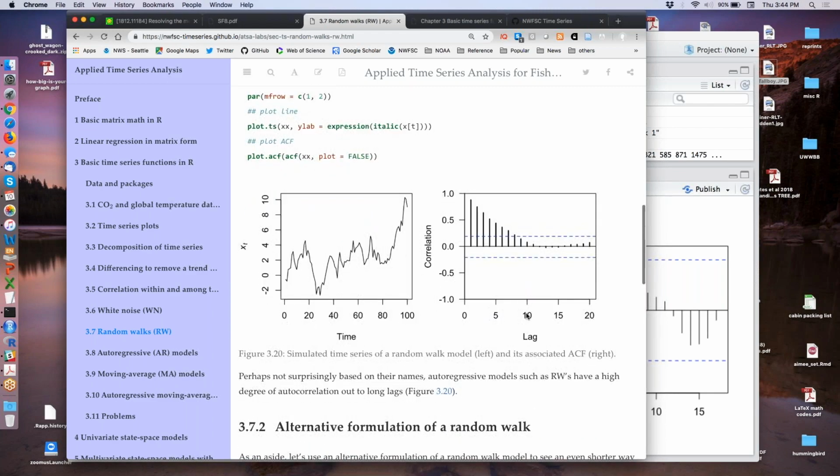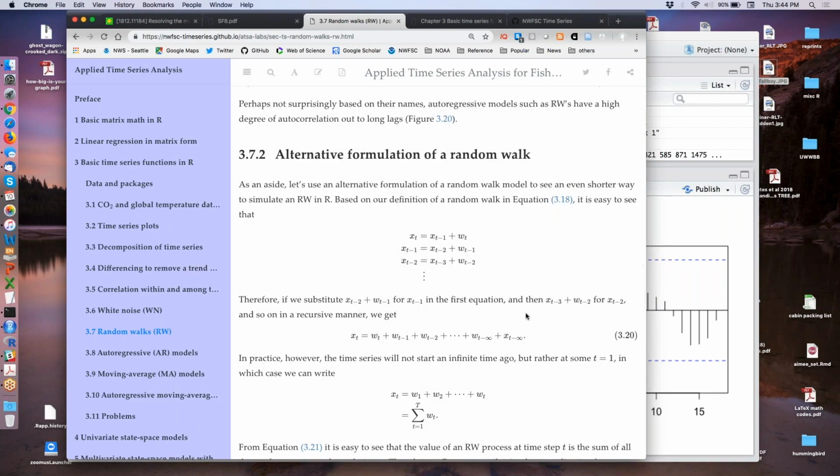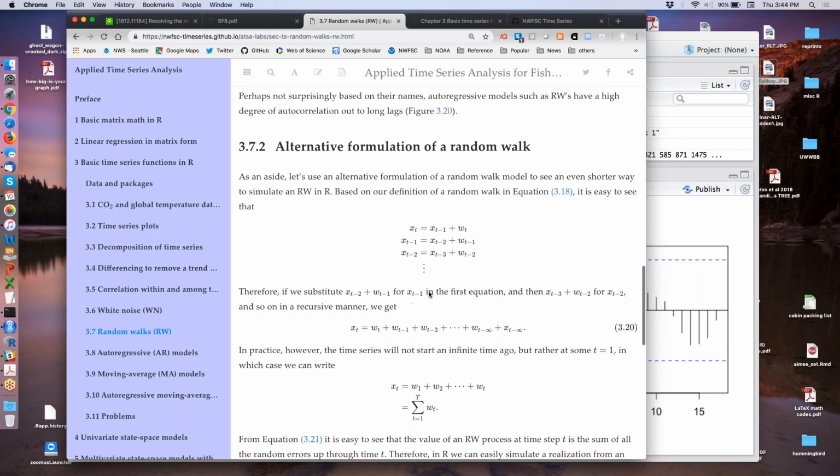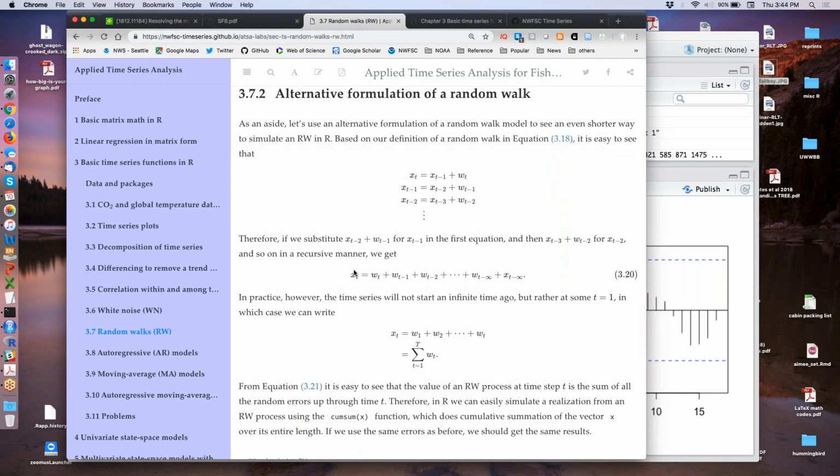Something I want to mention to you, because you may see this sometime, is that if you think about a random walk model, these are all the equivalent model. It just says yesterday was a function of 2 days ago plus the error yesterday. If you write all of those out, what you see is that you can express a random walk today as a function of all these lags in the past up to time infinity.